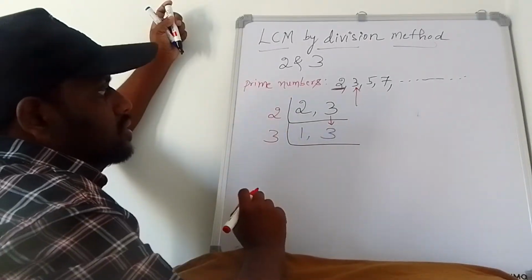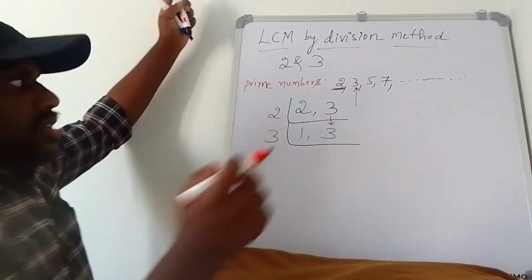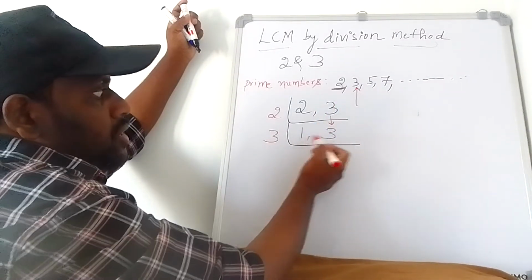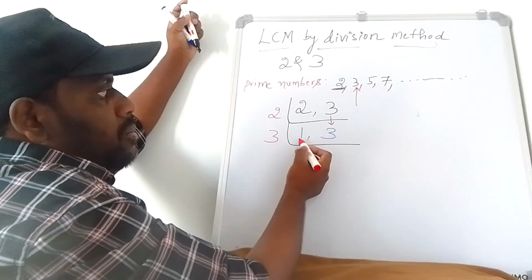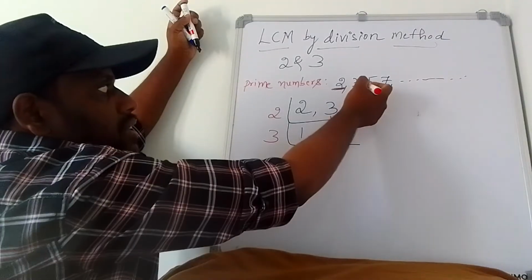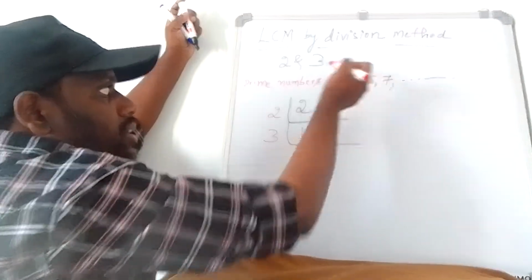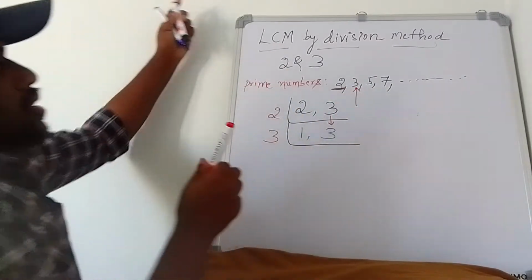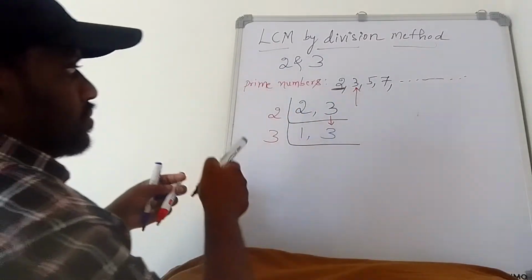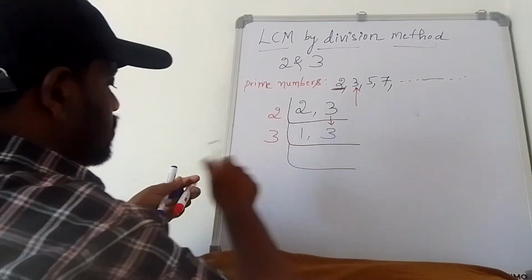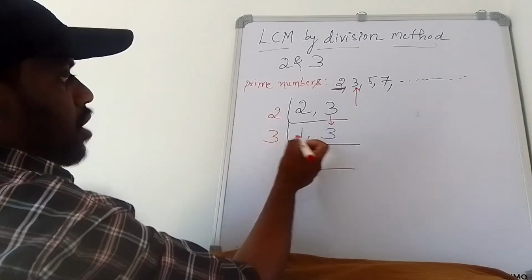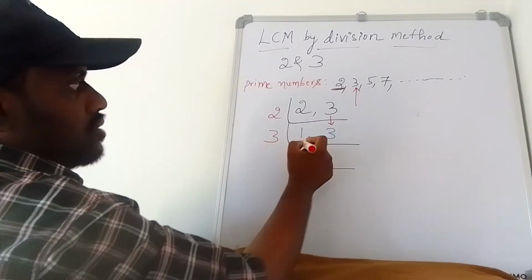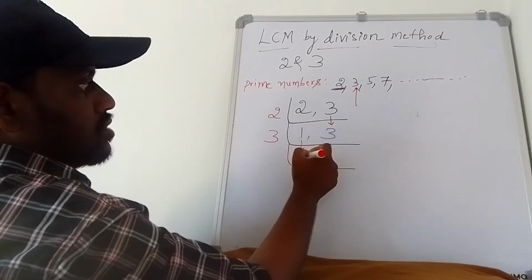3 I have to take. Why 3? I said any one should be divided by 3. 1 cannot be divided by 3, but 3 can be divided by 3 completely. So I am taking this 3. This 1 cannot be divided by 3 completely, so I will keep it as it is.